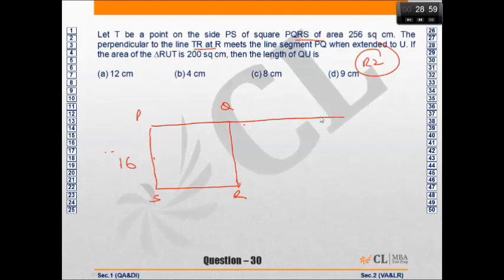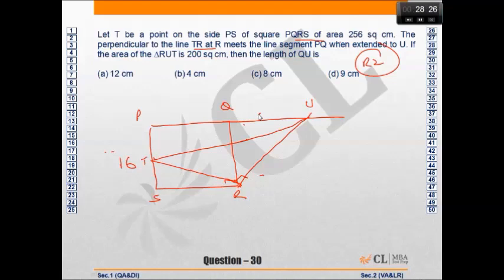Let's say this is here and the perpendicular is like this. So this is 90 degrees. If the area of RUT is 200 square centimeter, what is the length of QU? We need to find QU, this one.